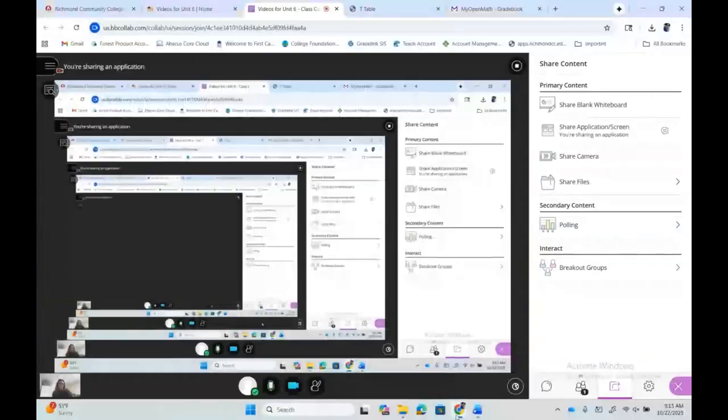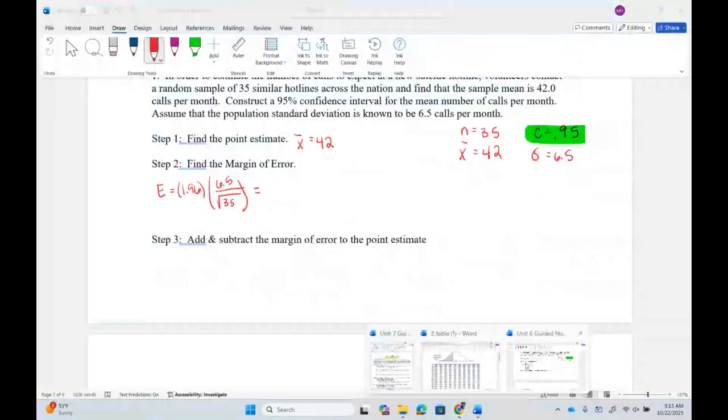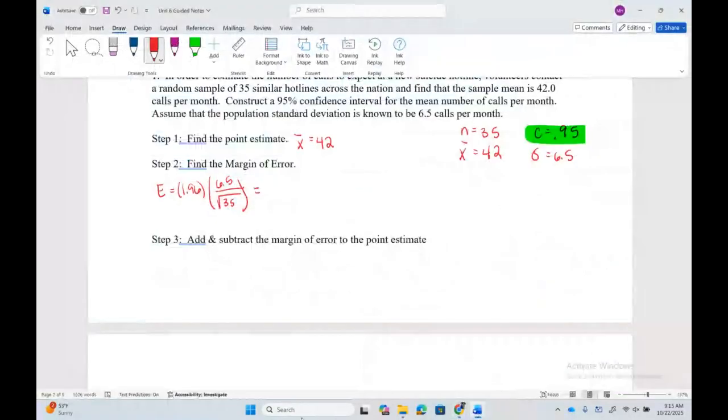When we do that, we should get 2.15345. Some of us are rounding our decimals too early in our work, and it's causing us to get the wrong final answer. So now I'm going to add and subtract this to our point estimate.